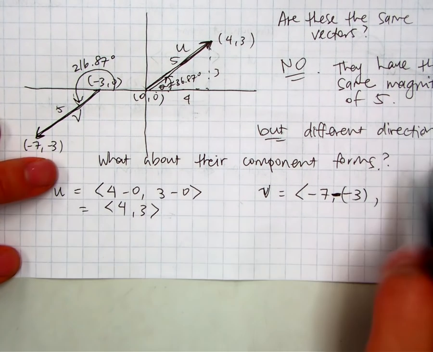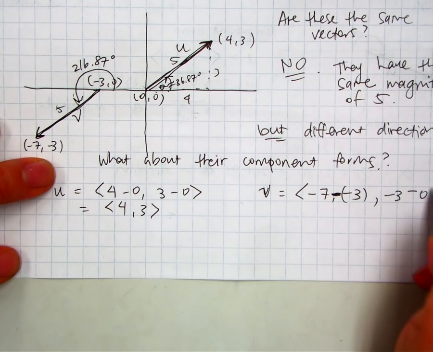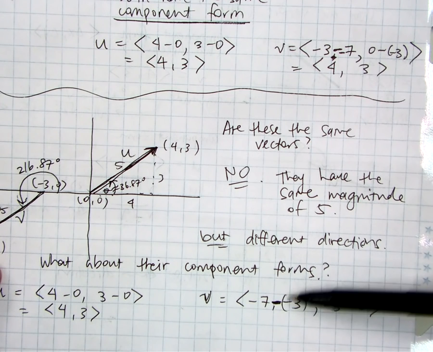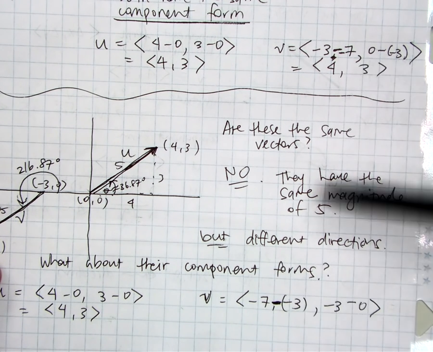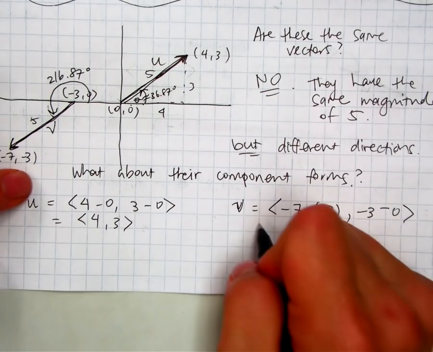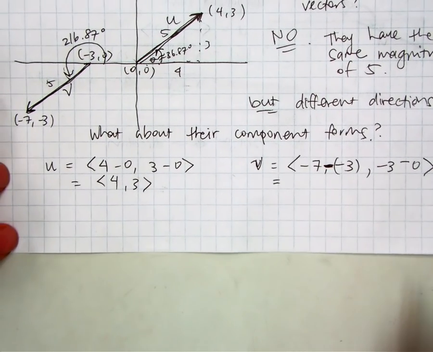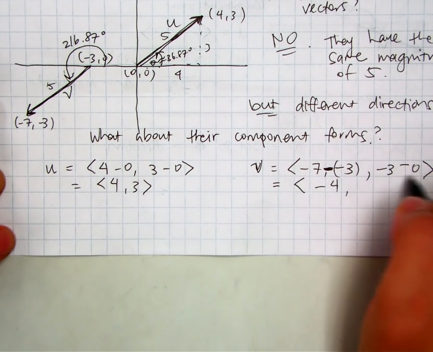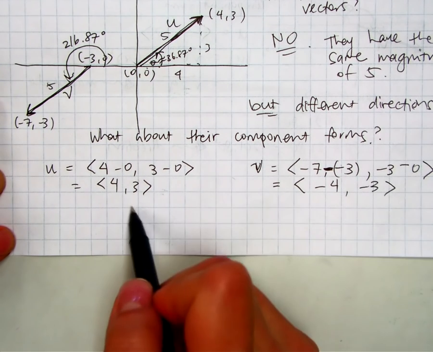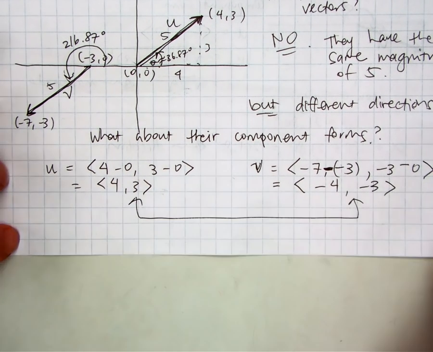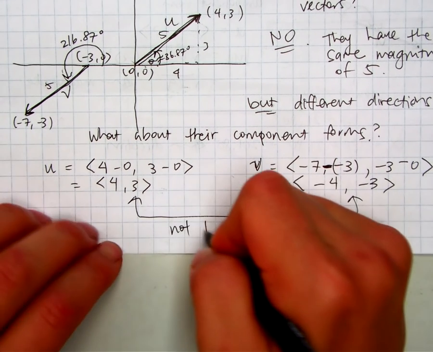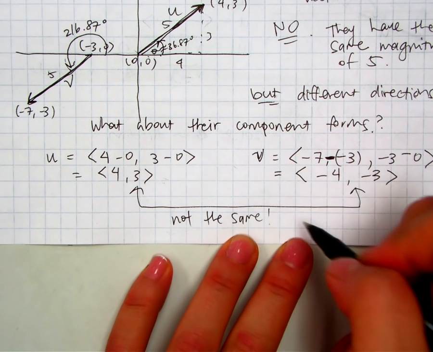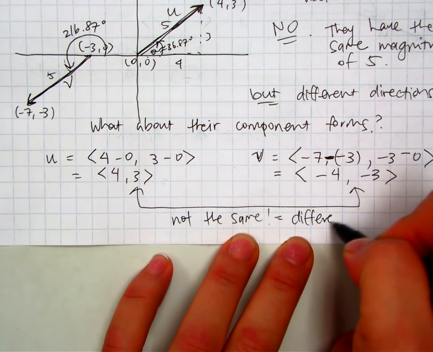And then the endpoint -3 minus the 0. Notice the difference between these two. The only difference is that these two are switched. And that switch makes a difference because it gives you a different component form. So this gives you -7 plus 3, which is -4. -3 minus 0 is -3. Not the same. If their component forms are different, they are different vectors.